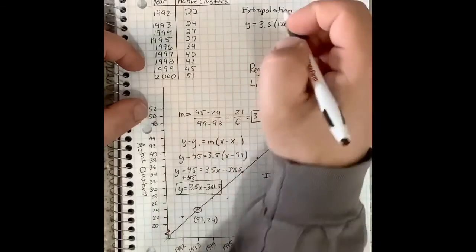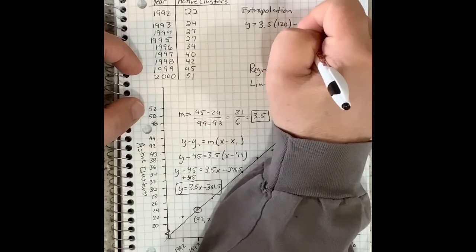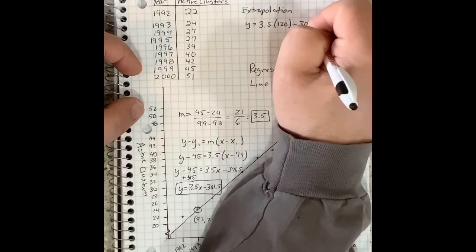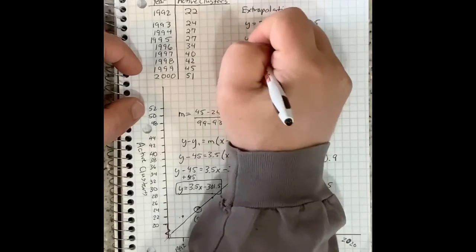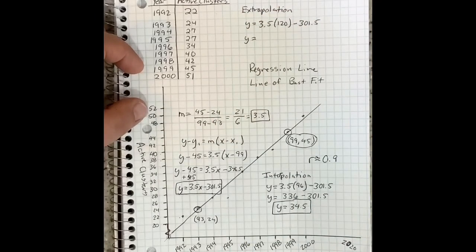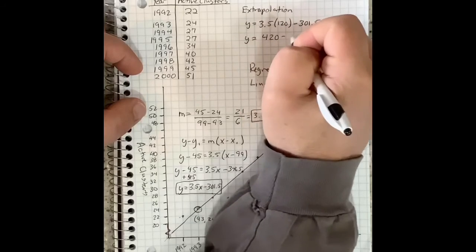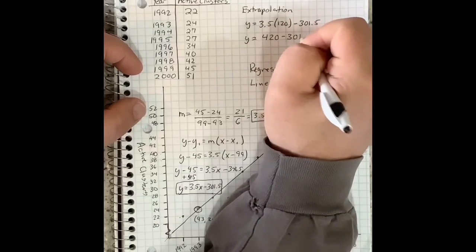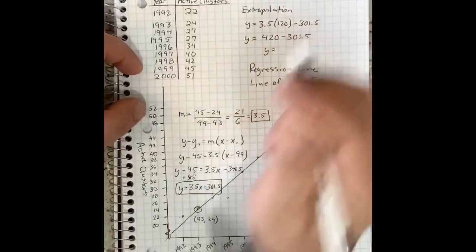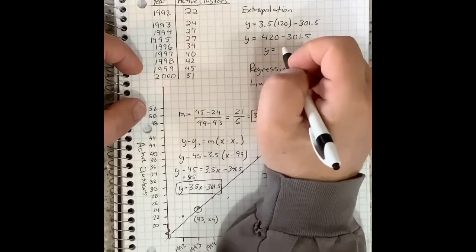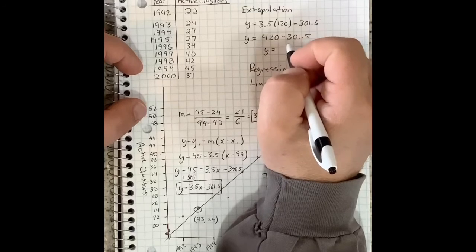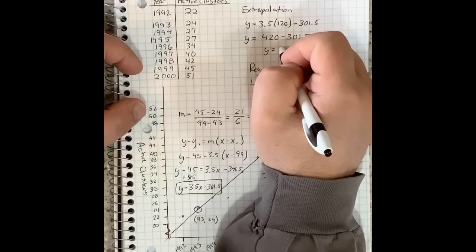So 3.5 times 120 minus 301.5. Tanya, you got that for me? 3.5 times 120 is 420. Exactly 420 minus 301.5 is 118.5.